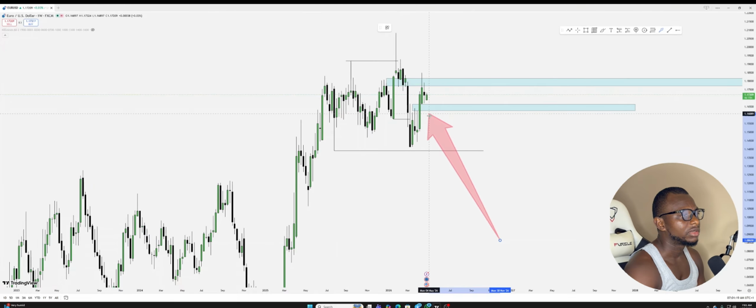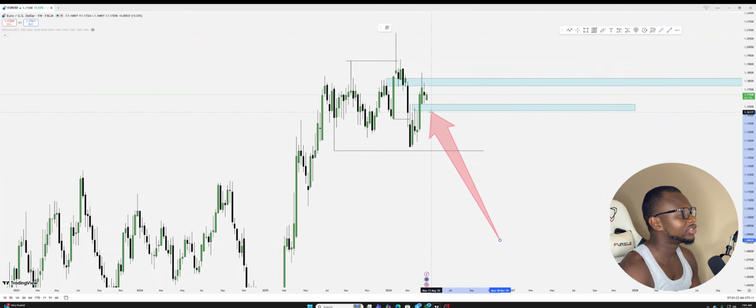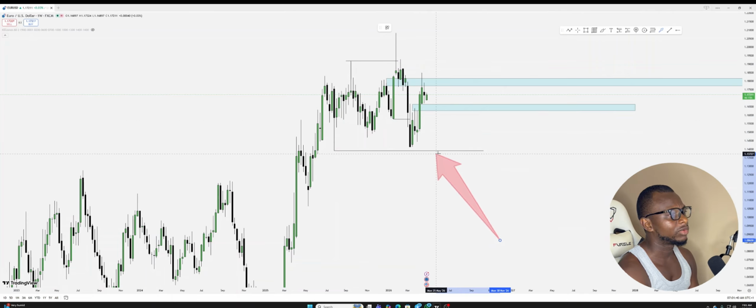So I'm going to short price. I'll keep selling until I see a major change of structure or an order block on the weekly time frame, right? So for the meantime, I'll be shorting price into this short-term imbalance right here. That will be my target. Meanwhile, my long-term target is right here.